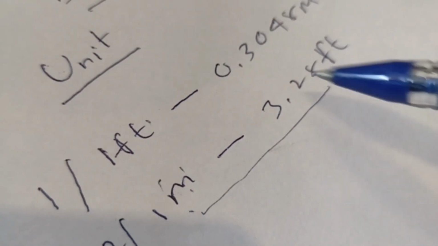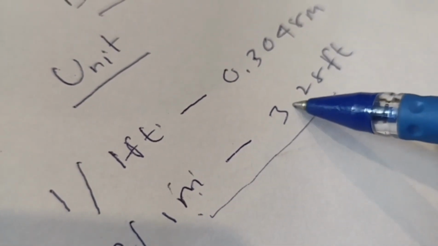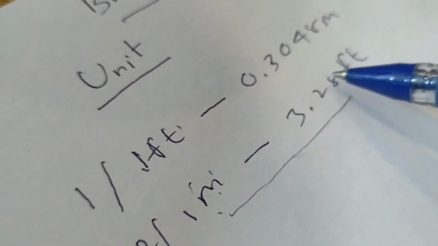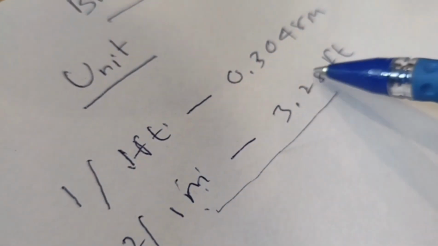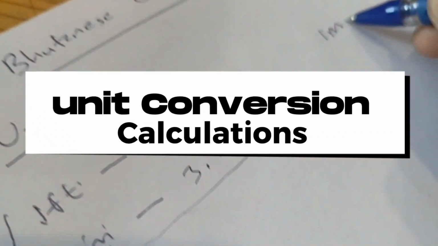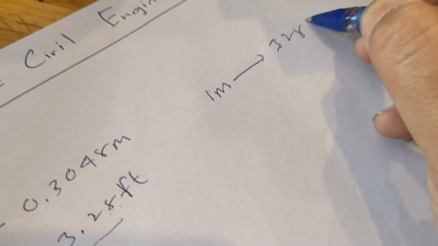No need to remember both. We can get this: if you want to get 1 feet, 1 meter is equal to 3.28 feet.